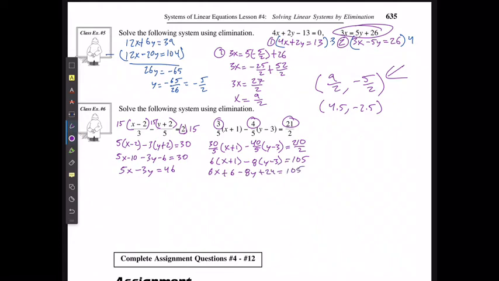And then 6x minus 8y is equal to, well, the 6 and 24 is going to be 30. Take that away from the 105: 75.